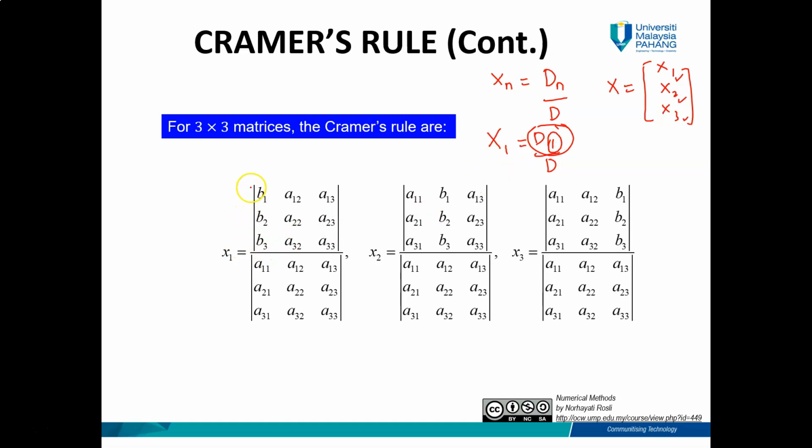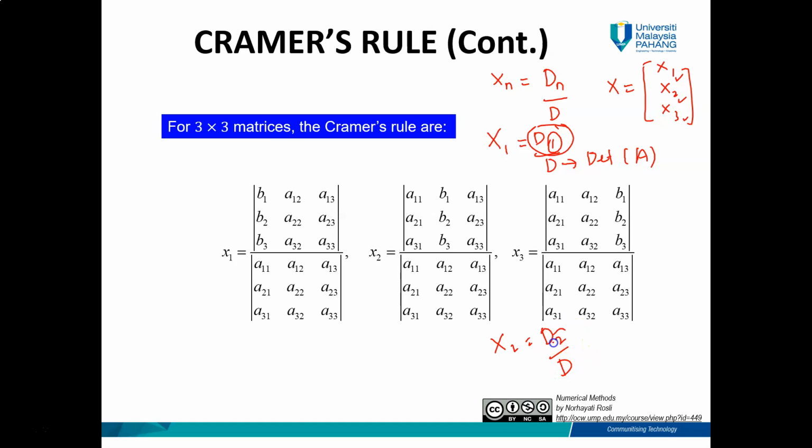So now you compute d1, which is the determinant of the matrix where the first column is replaced by vector b, and you divide by the determinant of matrix A. And then class, when we want to compute x2, we have d2 divided by d.